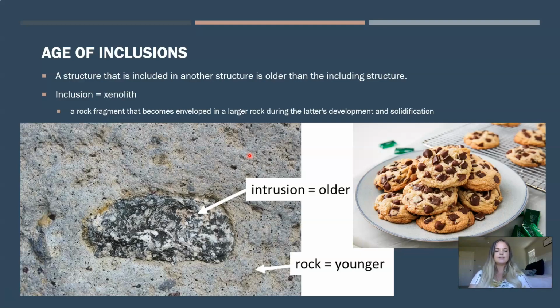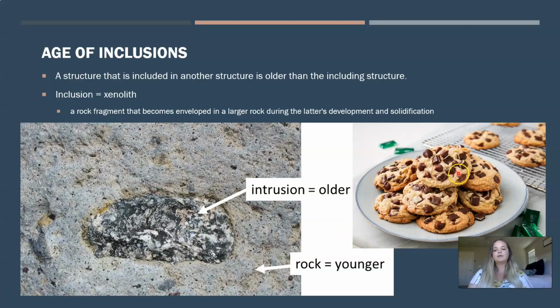If that happens, that is our inclusion or our xenolith within this bigger rock unit. And if we have an inclusion, then we know that that inclusion had to exist before the rest of the rock. So the inclusion is older than the rock that it is in.